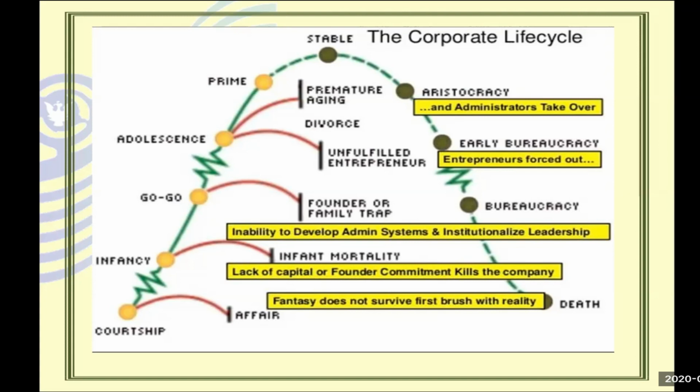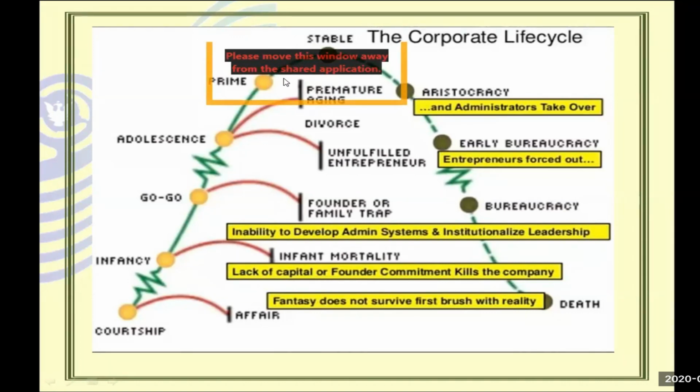Maybe you want to start a transport business. Then you are thinking in your mind, the idea is still in your mind, you are courting yourself. Now that courtship can lead to two things, either just an affair and it's over, or it can lead to the infancy stage.